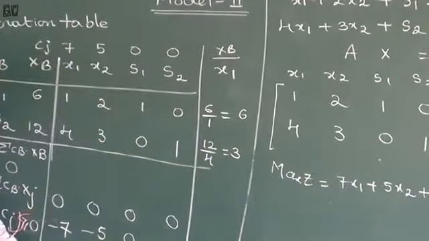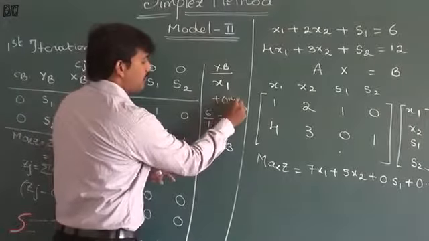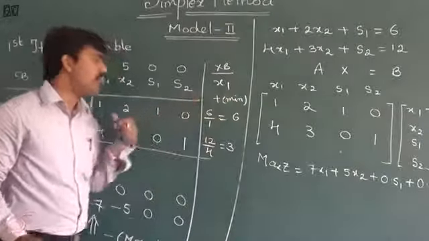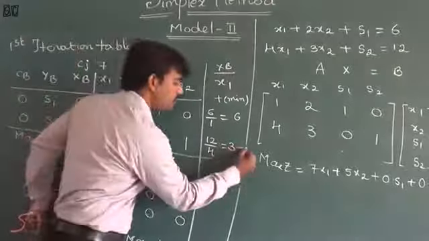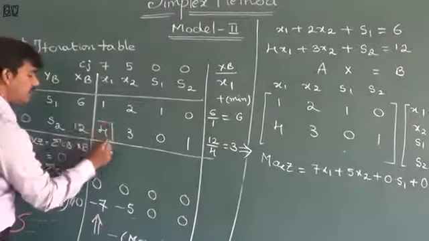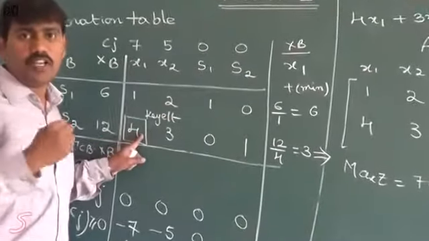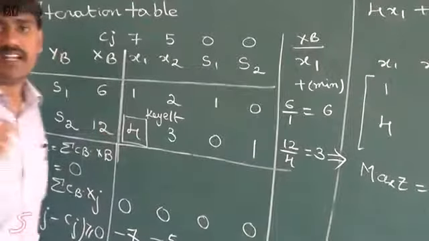Here we took the minus of maximum; in this we have to consider the plus of minimum. From these two values, the plus of minimum is obviously 3. If you combine these two arrows, we get the key element. Because of this key element, we are not able to satisfy the net evaluation condition.